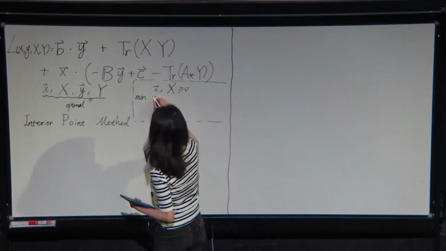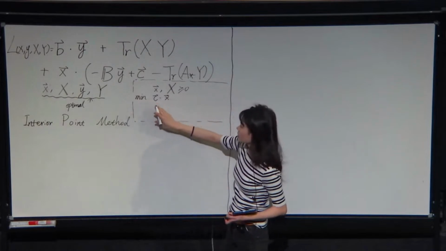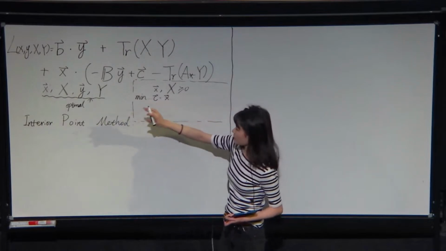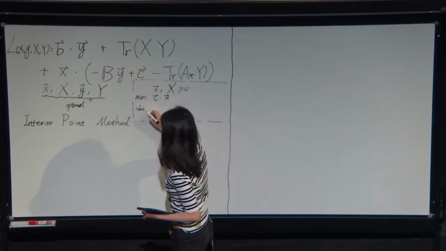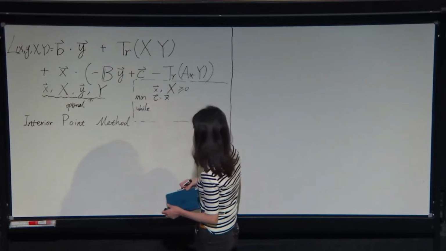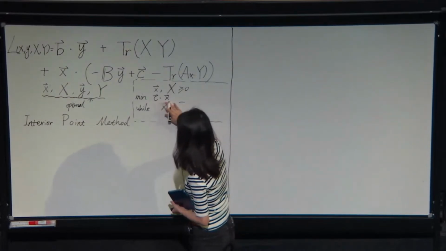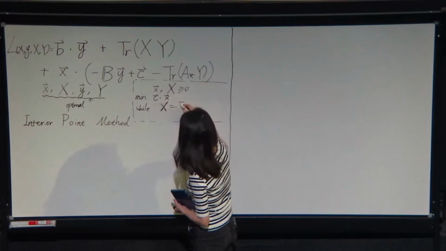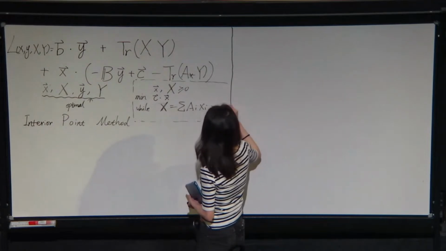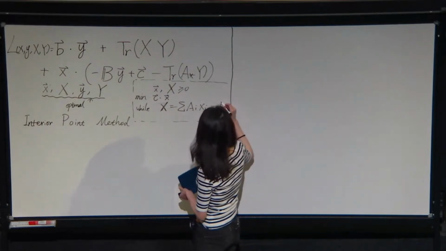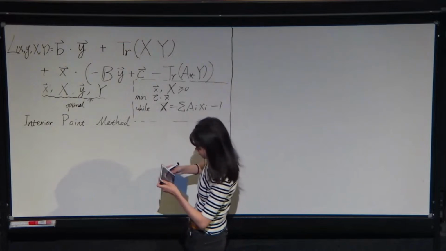This optimization problem is to find the minimum of the inner product between C and capital X with some constraints.